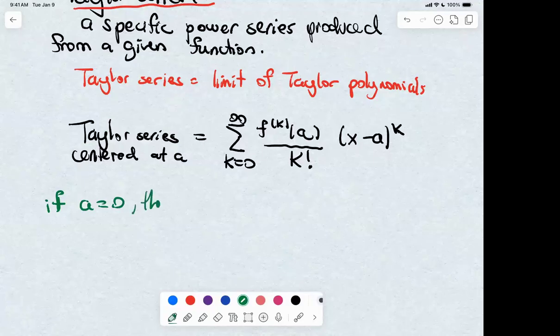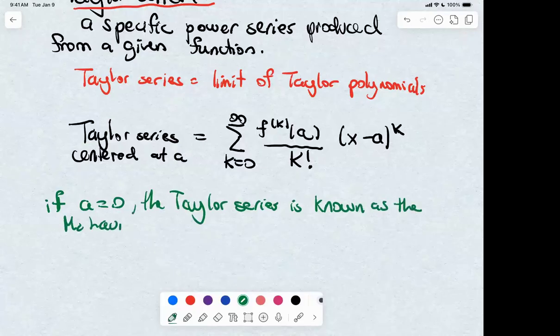So the Taylor series is known as the Mac. I think it's like that. Let me check actually. How do you type it?